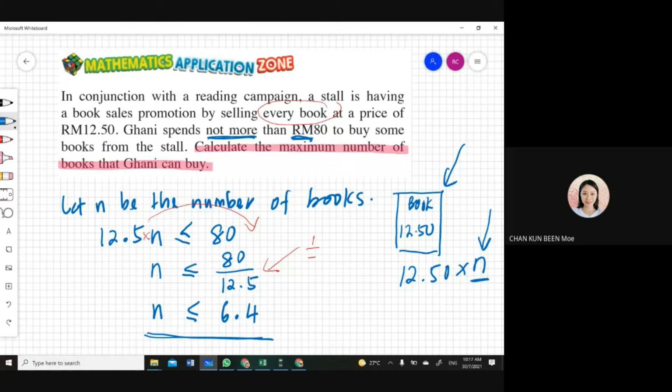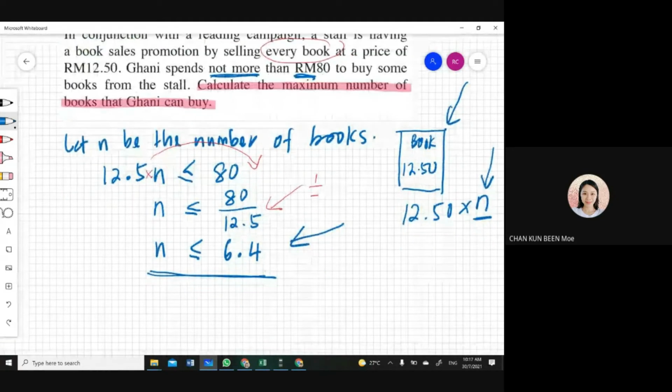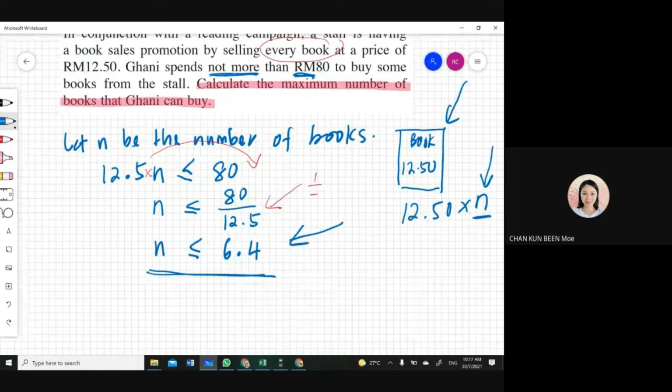How many? Can he buy 7 books? Can or not? No. Right, he only can buy 6.4, but there's no book in decimal form. The book must be 1, 2, 3, 4, 5, 6. It is a whole number. Very good. Correct. So the maximum number of books that Gani can buy is 6. So you just re-answer the question over here.